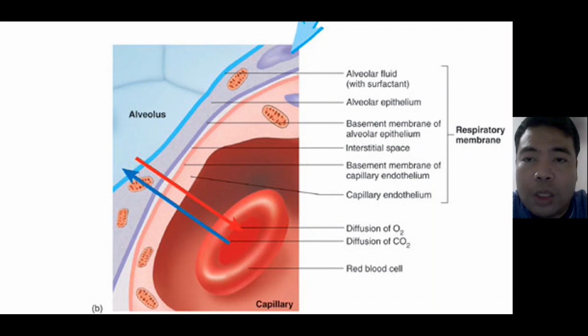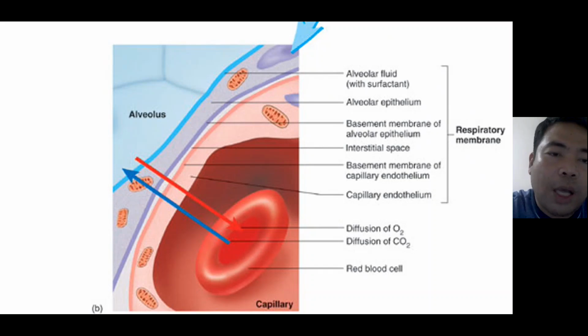Now, remember those layers of the respiratory membrane. The ability of the gases to diffuse across that membrane, one of the important factors that affect that is the thickness of the membrane. Syempre, kailangan manipis lang yung membrane na yan in order for these two gases to easily diffuse.